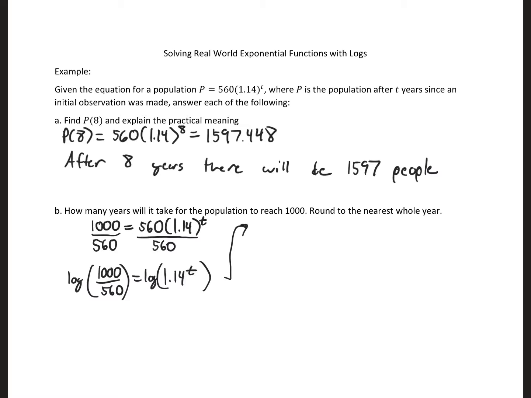So log of 1,000 over 560 equals, and remember, by doing that log, it allows us to drop the exponent to the front. So t times log of 1.14. To solve for t, we're going to divide each side by log 1.14.